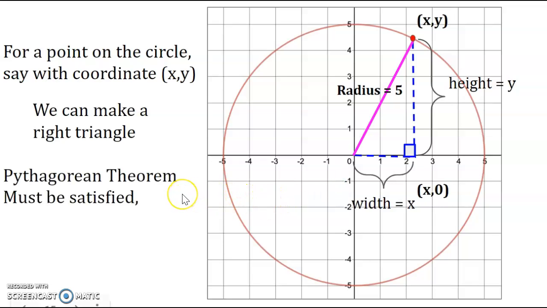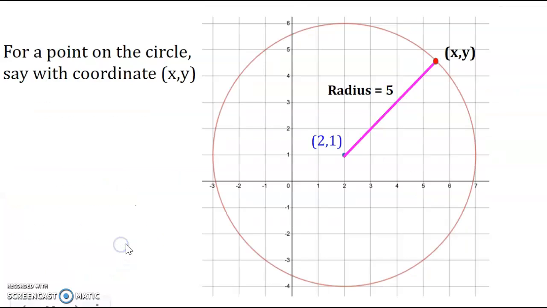We can use the Pythagorean theorem because that must be satisfied: width squared plus height squared is equal to 5 squared. So x squared plus y squared is 5 squared.